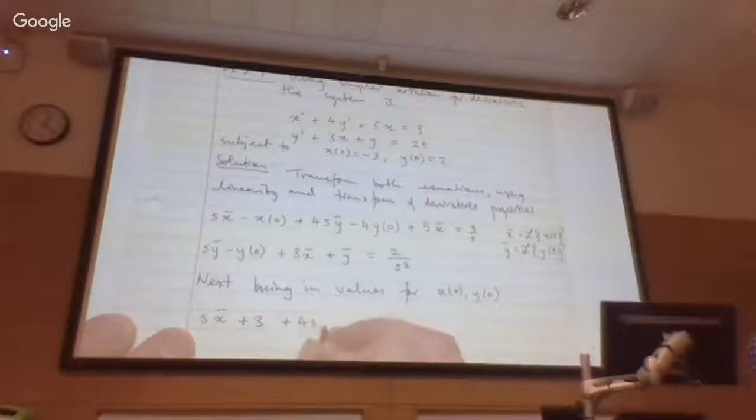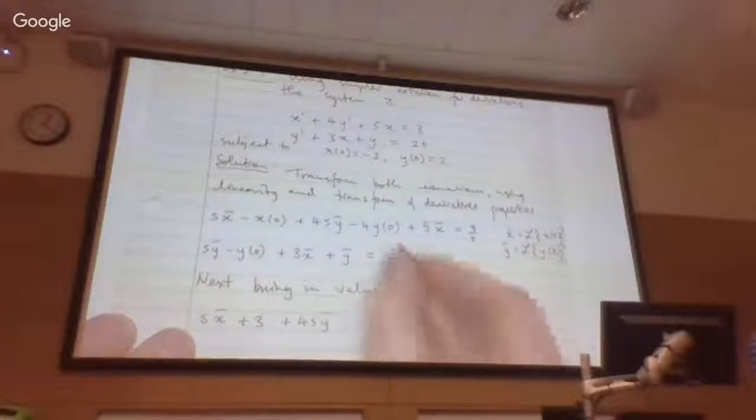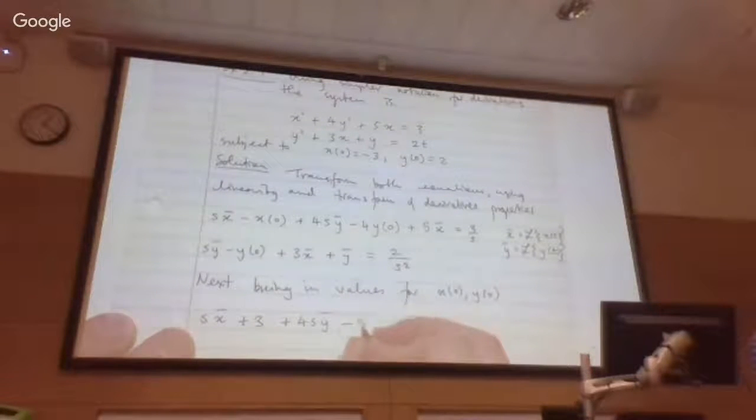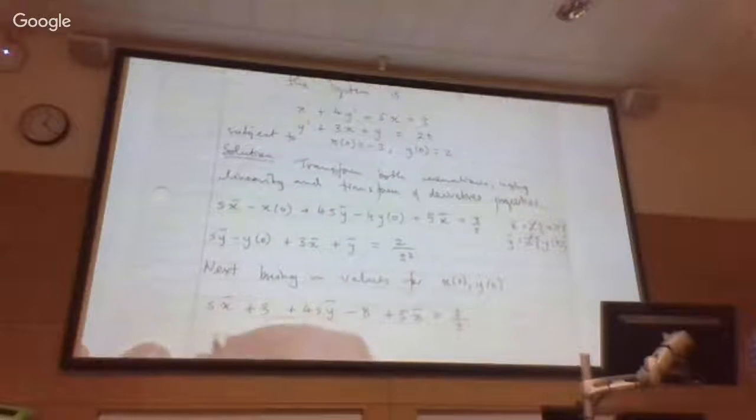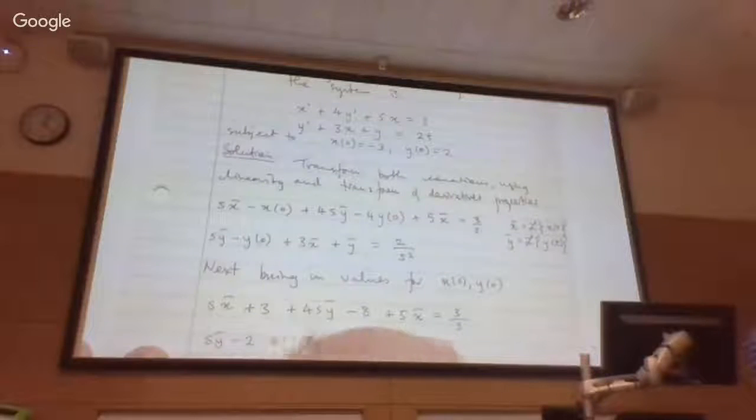It's 4s y bar, minus 4 times y of 0, so it's going to be minus 8. Then plus 5x bar is 3 over s. And the second one, I've got s times y bar minus 2, plus 3x bar plus y bar, and still equal to 2 over s squared.